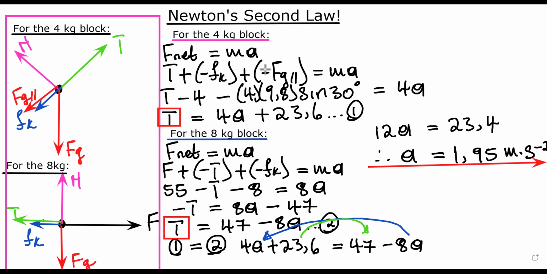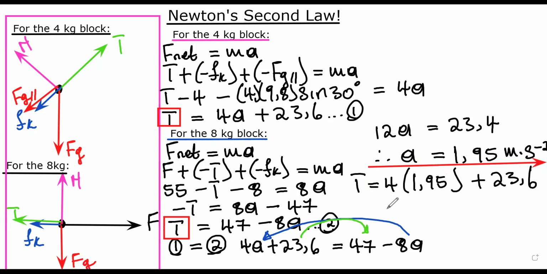So now that we know what is the acceleration of the system, which is the same as the acceleration of each of those blocks, then we can substitute it into any equation that we like in order to find the tension. So maybe we can substitute into the first equation.